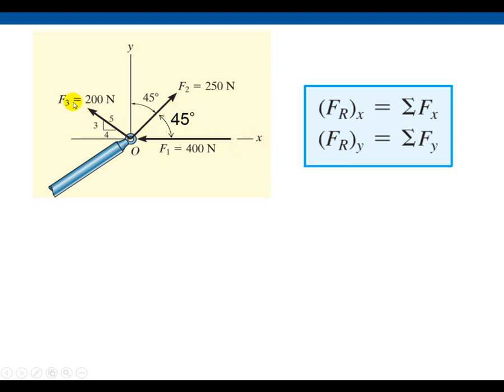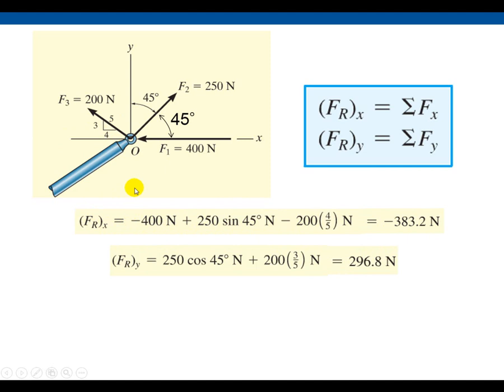For F3, the x component is 200 Newton times 4/5 along the negative x-axis. So the x component of the resultant force is a summation of all the x components of each force. So this. For the y component, F1 we don't have a y component, so that means it's 0. There is a 0 here.